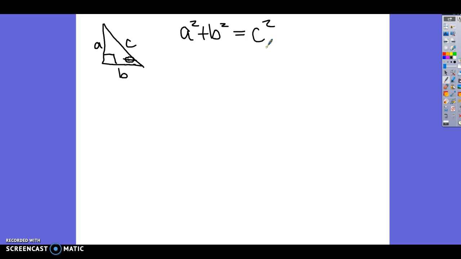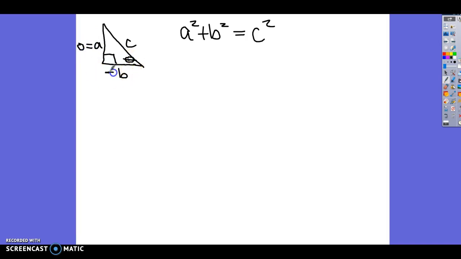So working with the Pythagorean theorem, we're going to look at how to get the Pythagorean identities. Okay, so if you think about your trig, we'll say opposite the angle. This right here is opposite the angle. And this is adjacent.